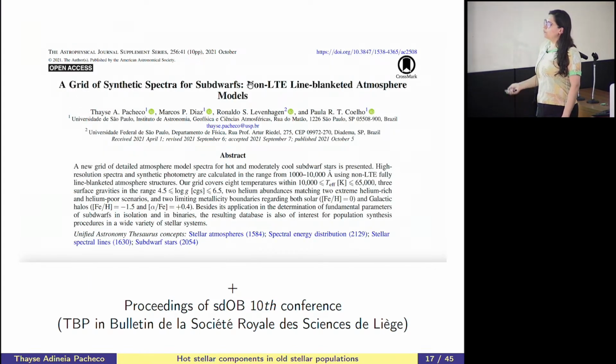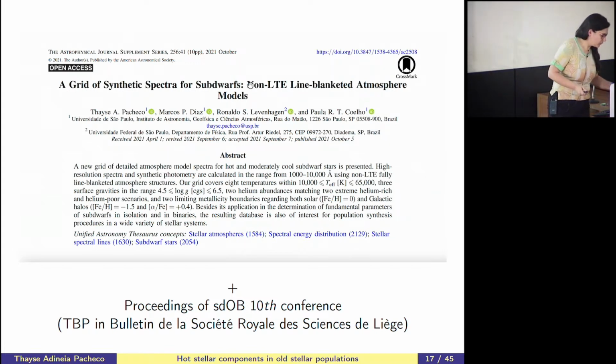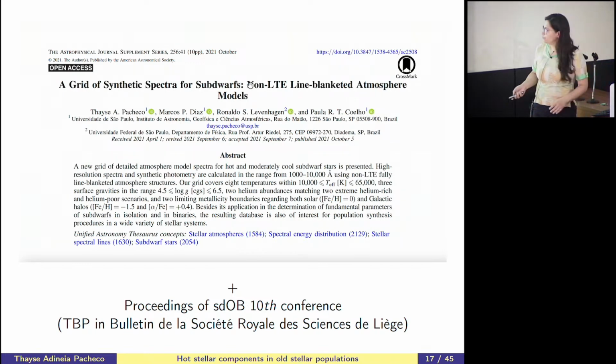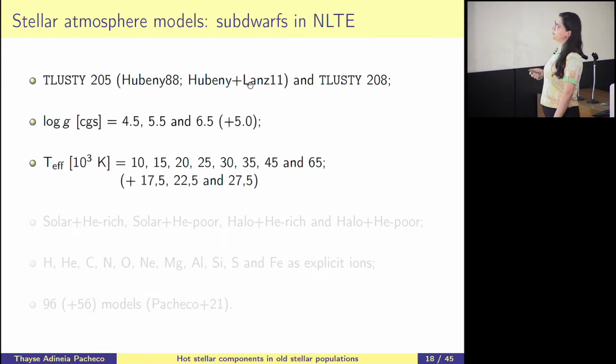And now I'm going to show a few results we published last year. To build our stellar atmosphere models, we used TLUSTY. TLUSTY is an open source code, and we can add as many ingredients as we want, or our computer can run.